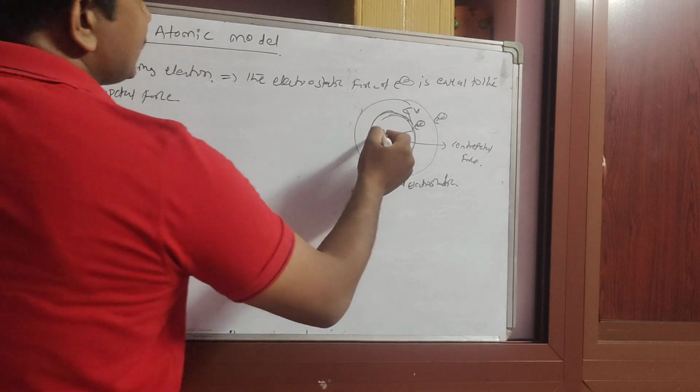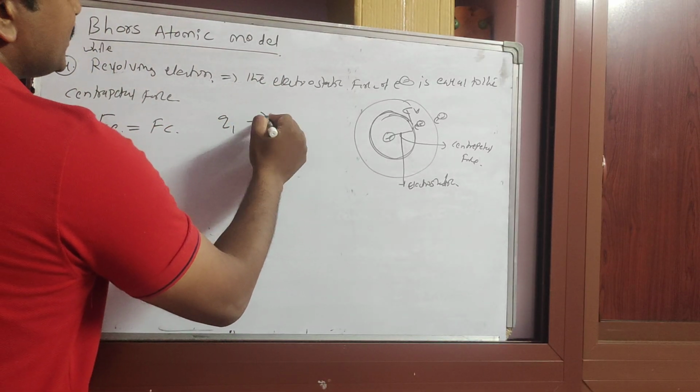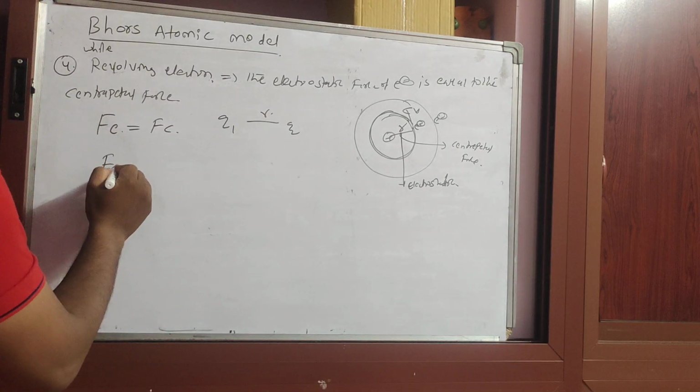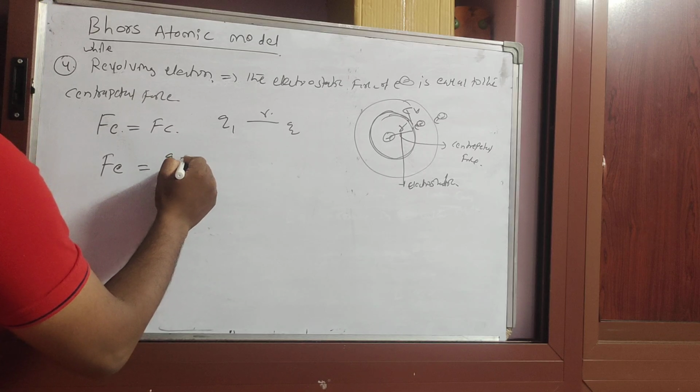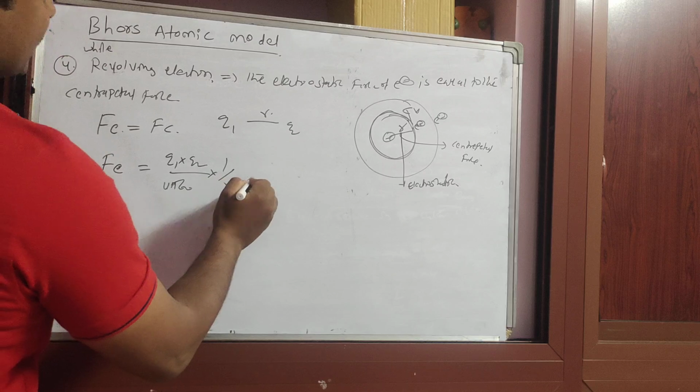If you take two charges Q1 and Q2 at distance R, the electrostatic force is equal to Q1 into Q2 by 4 pi epsilon naught into 1 by R square.